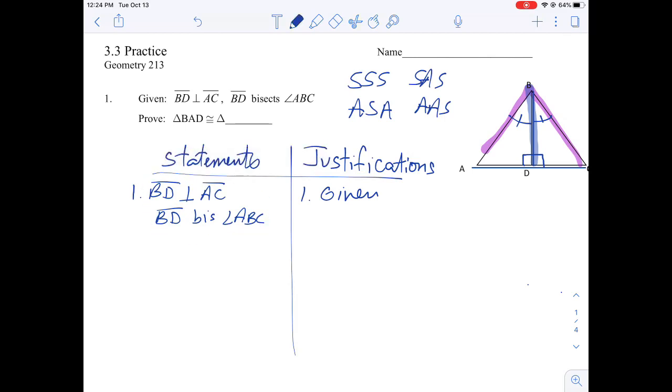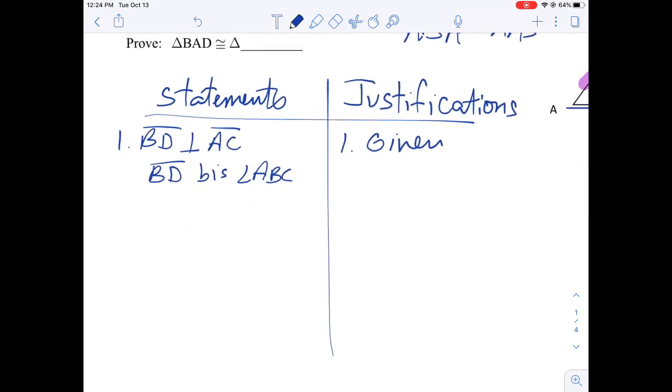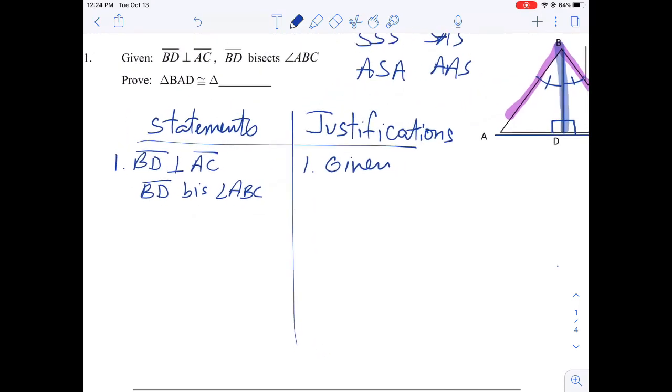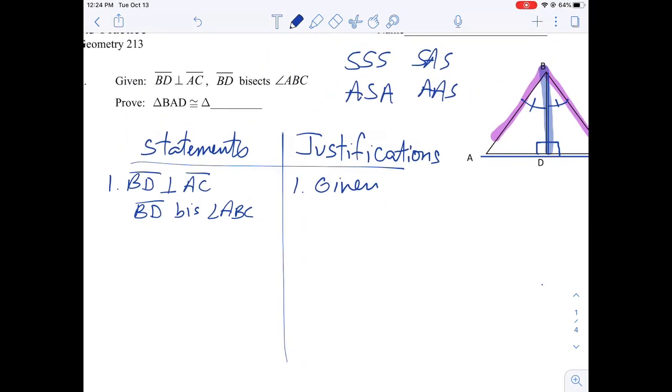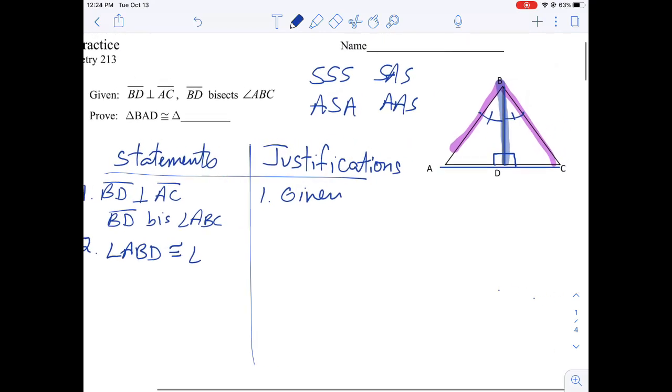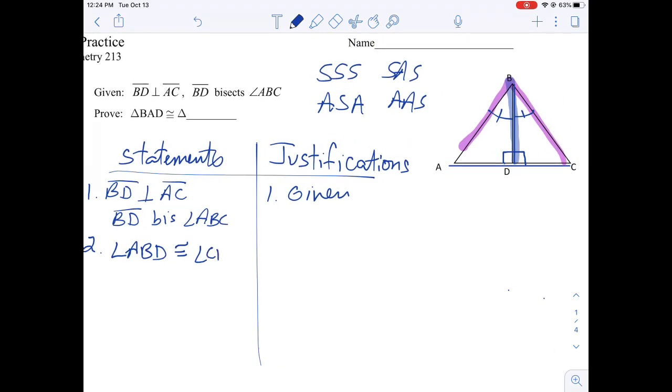Okay, so when I look at that information, I see perpendicular and I see bisector, but I have not stated clearly and explicitly to the jury that I have congruent angles or congruent sides yet. So I can't mark any of those with an S or an A. But I do see that since the angle is bisected, I can say that angle ABD must be congruent to angle, let's see, that's CBD.